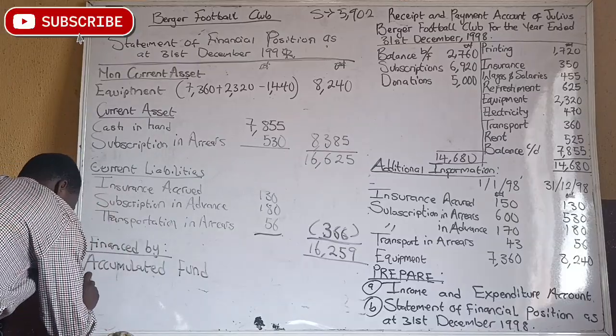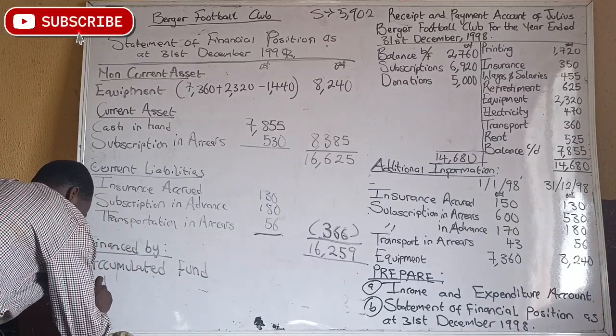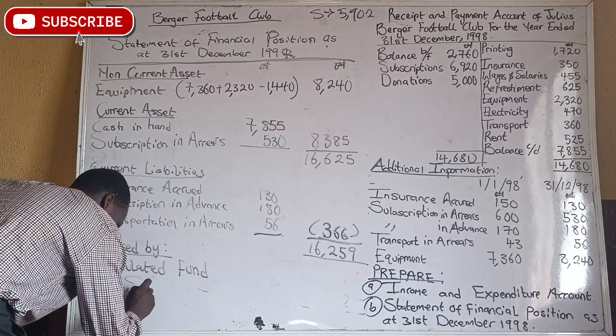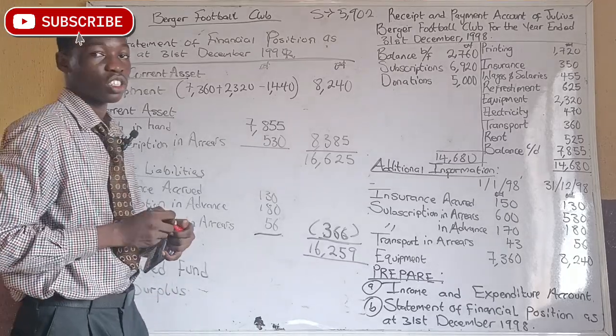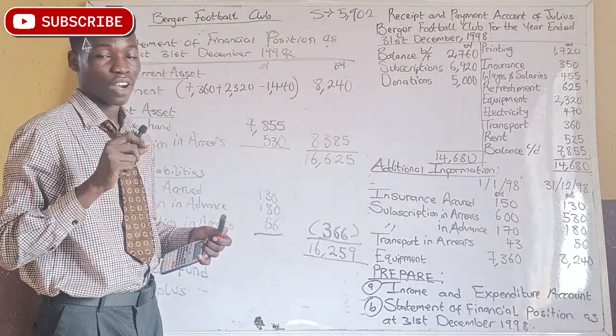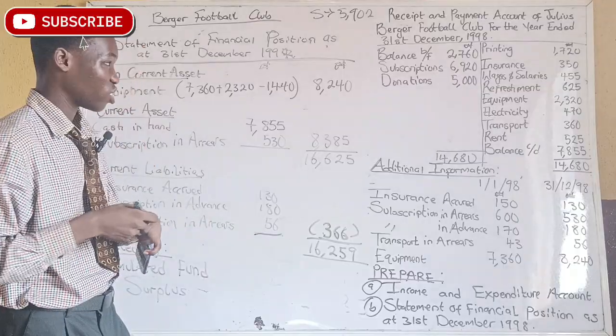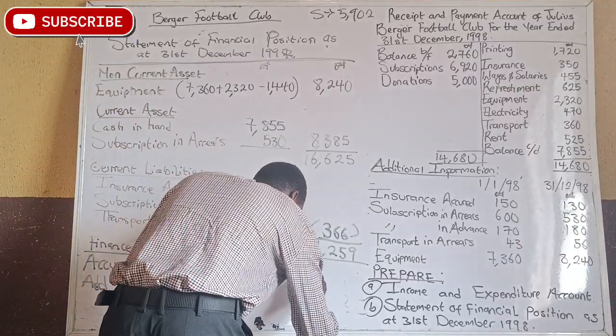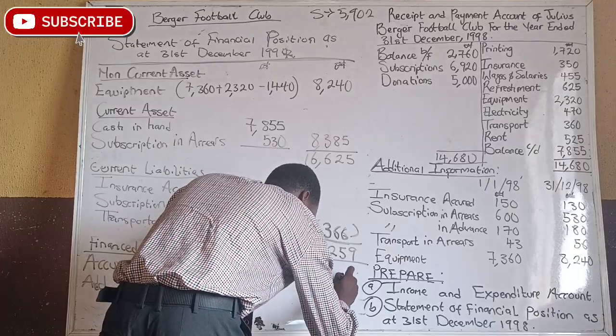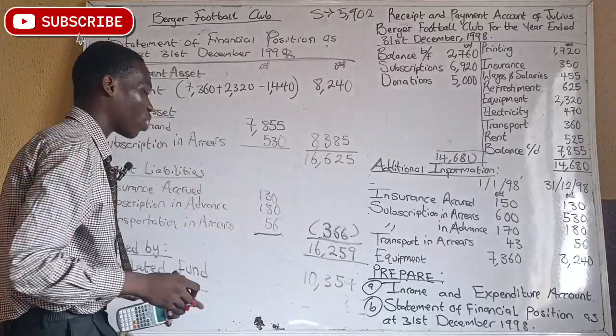Then we add our surplus. That is the total amount we use to finance this. For the accumulated fund, we got that in our statement of affairs at the beginning. We saw that the other time. And the amount is 10,357 naira.